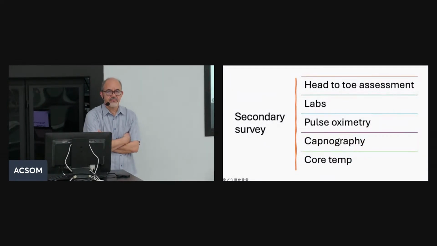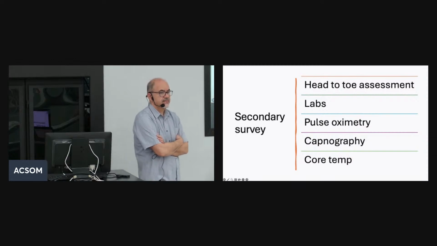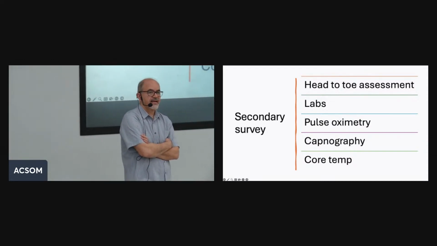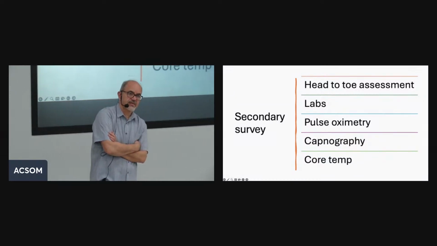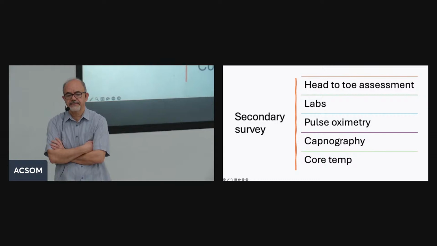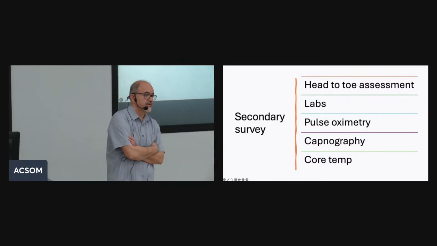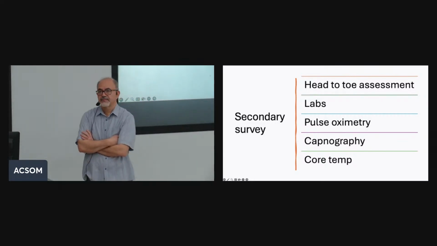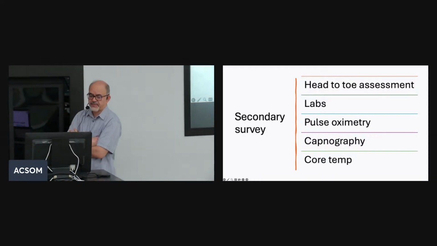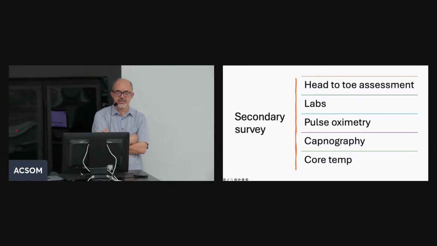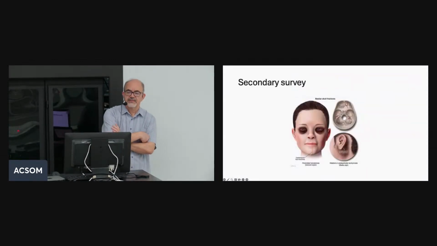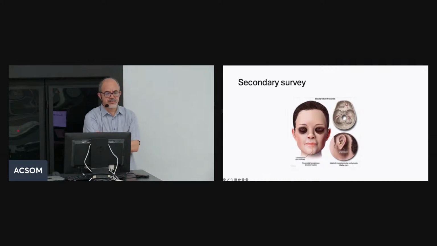So after the primary survey, when we determine that the patient is not in any immediate danger of dying, then we can go back and do a thorough examination, head to toe, look for other signs of injuries, do a thorough neurological examination, maybe get our CAT scan, maybe check our pulse, pulse oxygen, the oxygen, the temperature, the CO2 level, and look for other signs of injuries.